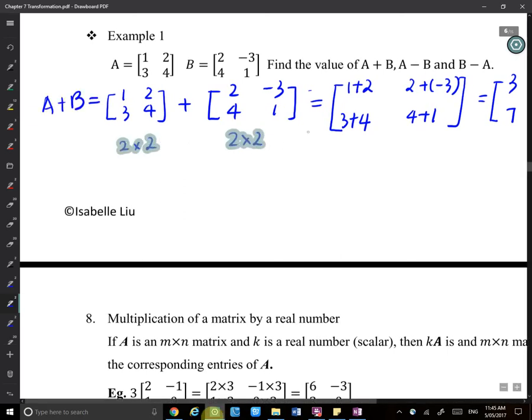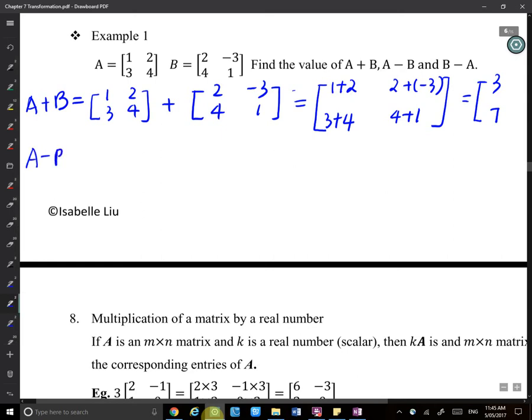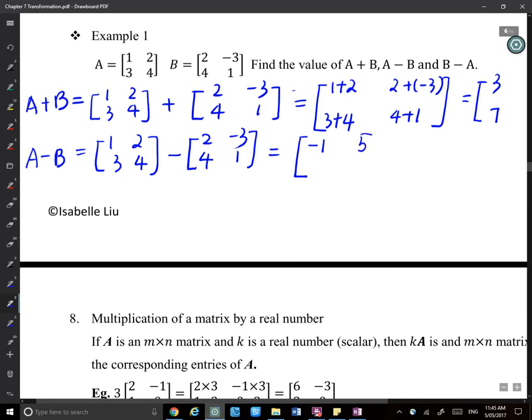Because they are both 2 times 2 matrices, they can be added or subtracted. Let's have a look at A subtract B. First entry minus first entry, you have -1. 2 minus -3, you have 5. 3 minus 4, you have -1. 4 minus 1 will give you 3.